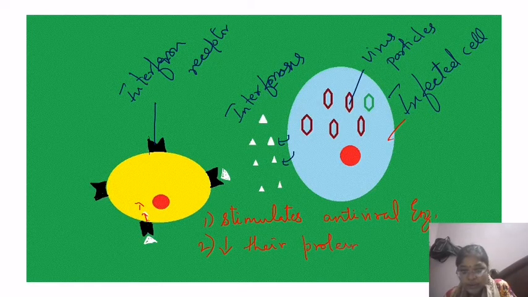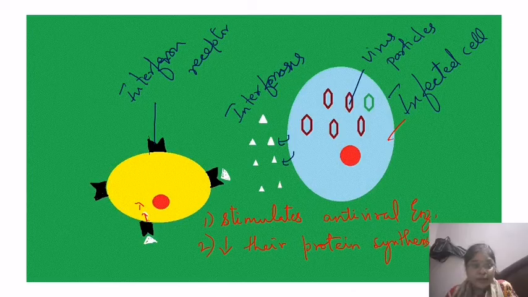For a short while they will lower their protein synthesis, slowing that whole machinery down so that the virus cannot make its own proteins. And what else can interferons do? These are the different functions of it.